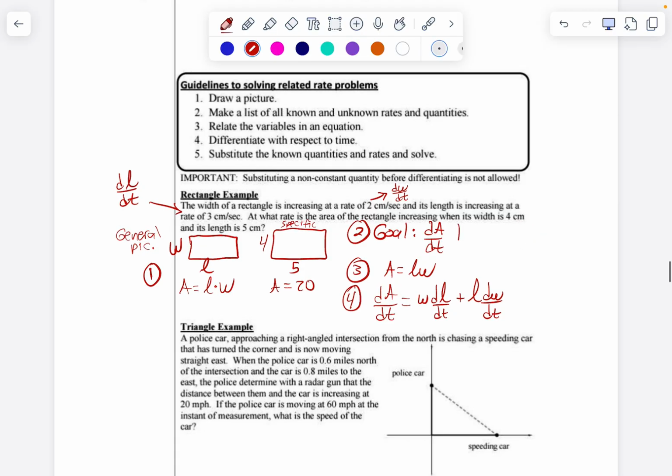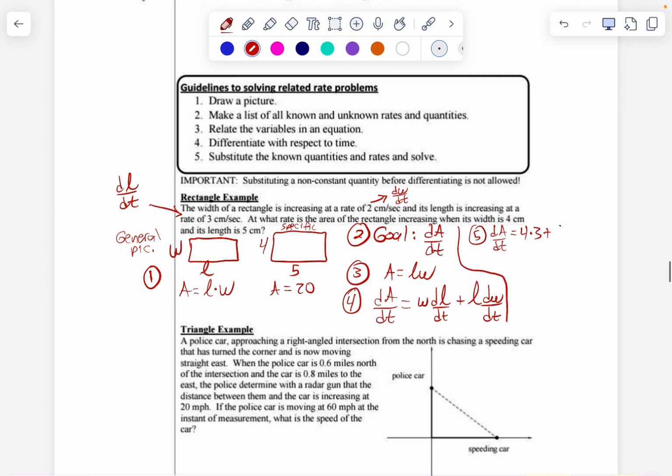Okay, step 5. I'm going to try to carve out some room here. Step 5 looks like this. dA/dt equals, what is W at this moment? 4. What is dL/dt? No, 3. Sorry, everybody. What is length at this moment? 5. What is dW/dt? 2.